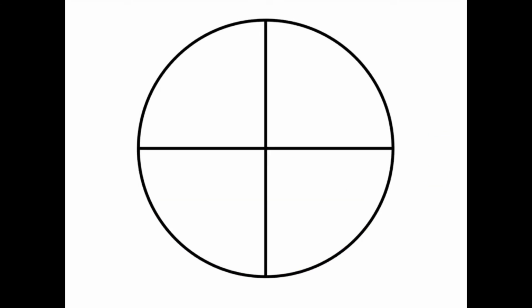So here's another one. If it was asking for 1 out of 4, you just colour in 1. But it might be asking you for 2 out of 4. So then you'd have to colour in 2 of the bits. There's 4 bits altogether and it wants you to colour in 2 of them.